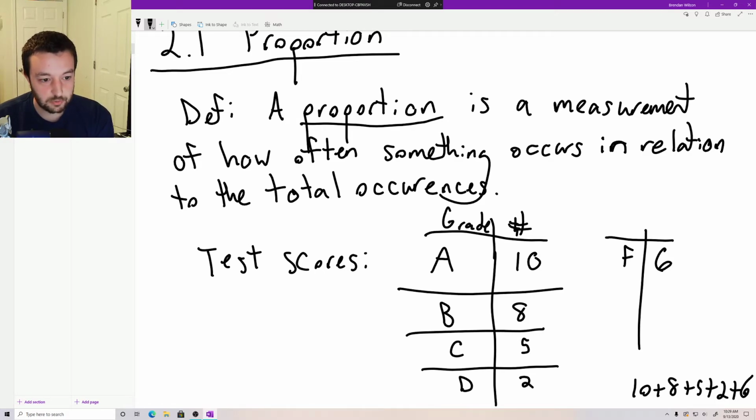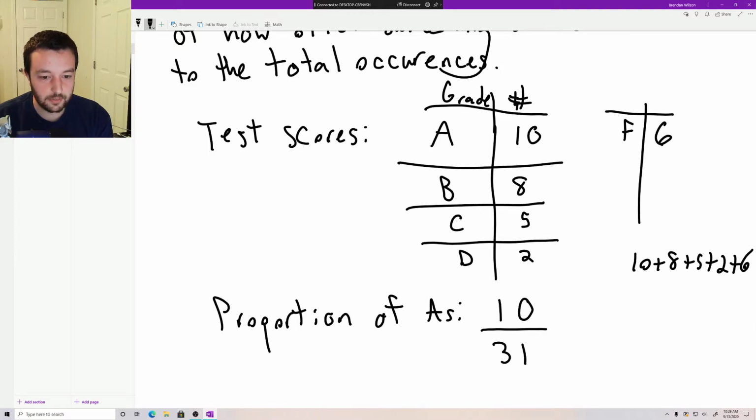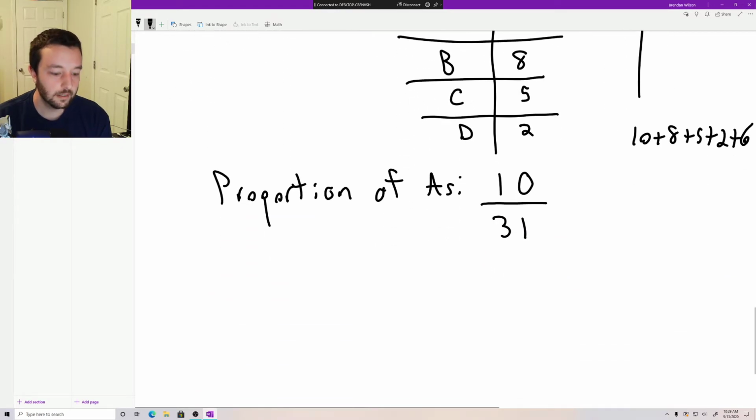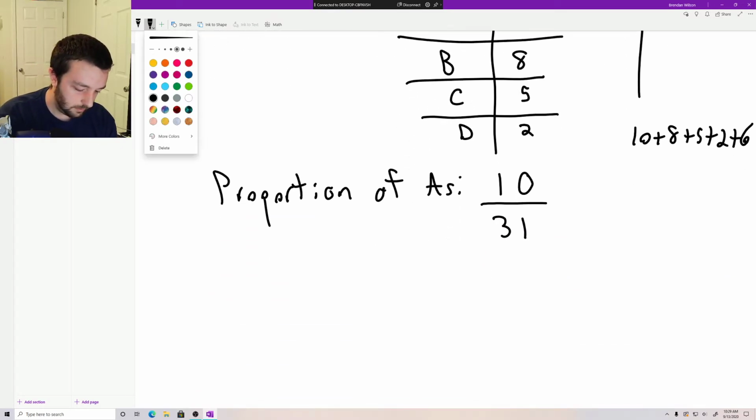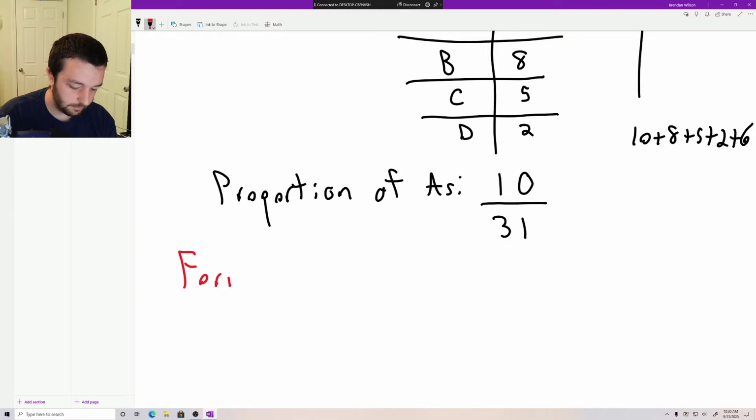First, I want to write down the actual formula for this, right? So we just kind of reason through this, but what's the real formula for it if it's hard to reason through? Okay, so the formula, let me write formulas.